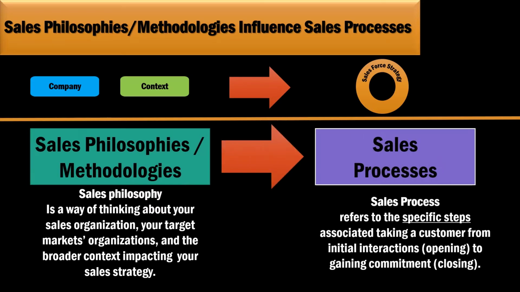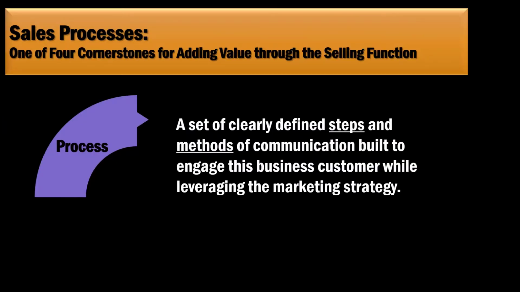A process is different in the sense that a sales process is basically the set of steps that are associated with taking a customer from the initial interactions to gaining commitment or closing. Often those initial interactions in a sales call are referred to as the openings, and then the closing is at the end.